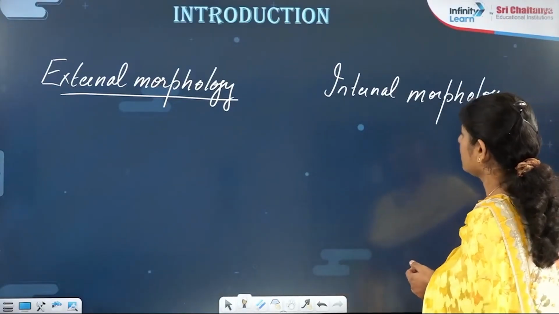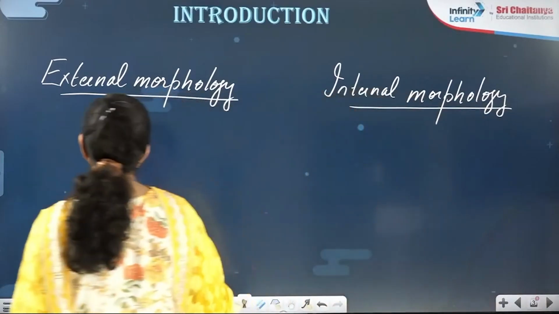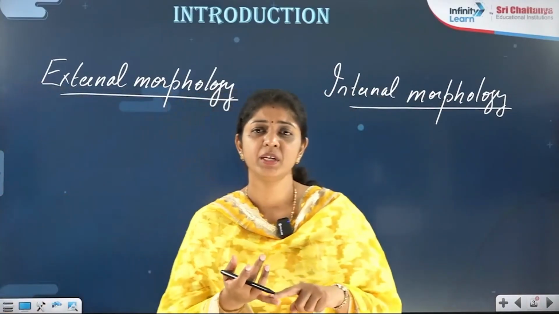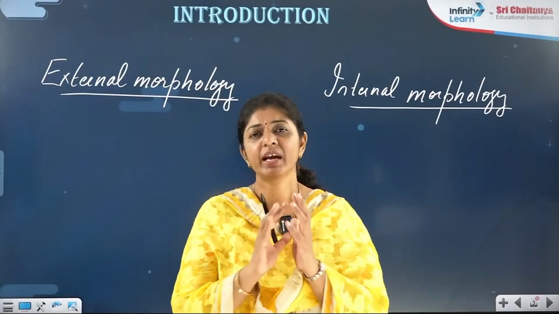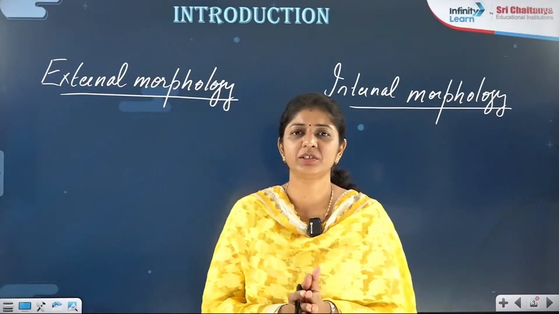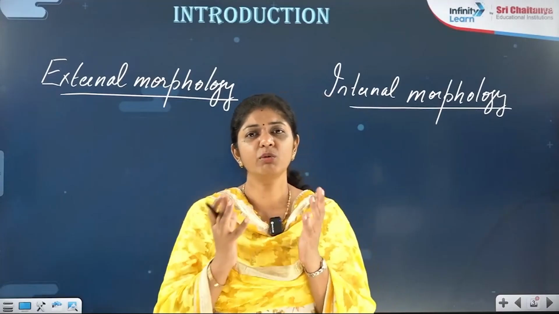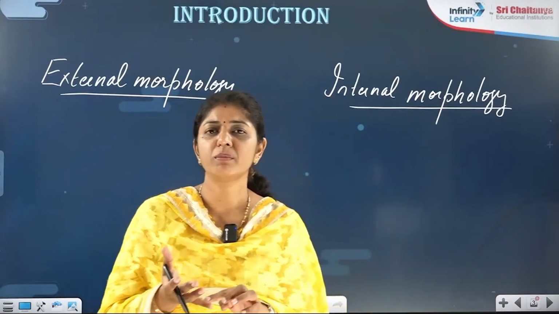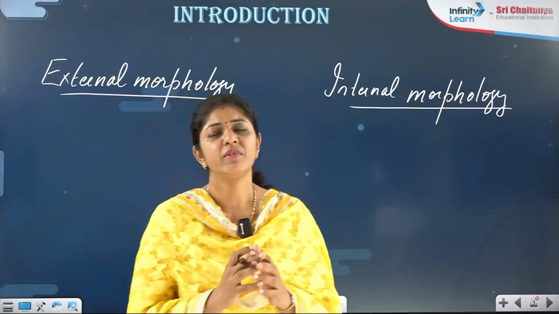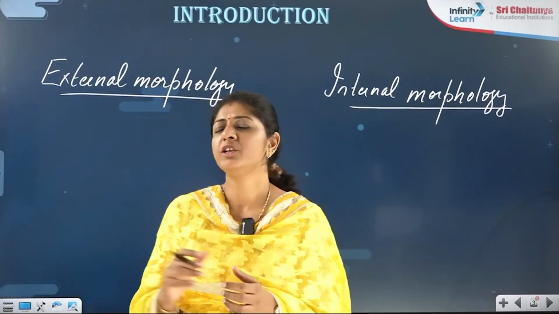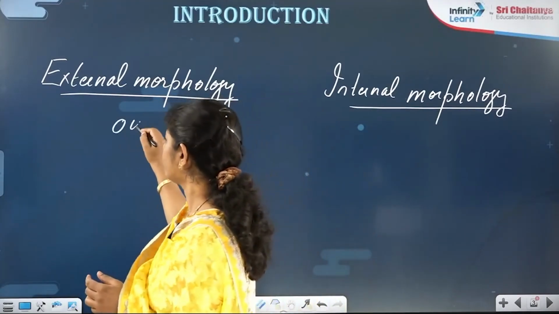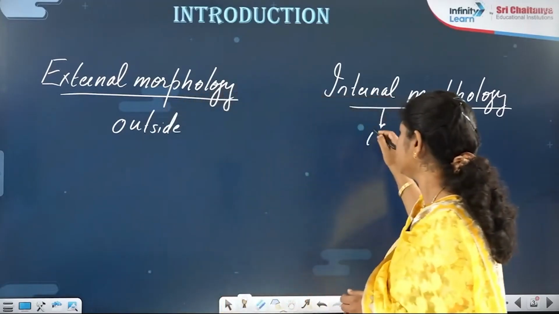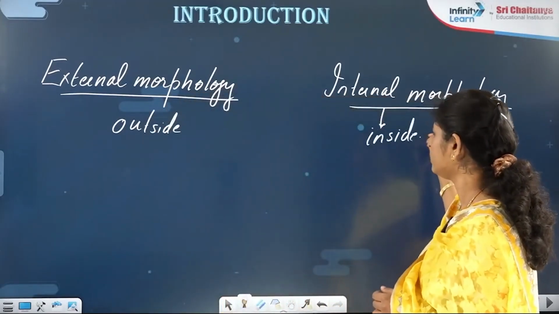Obviously external means whatever features you have learned of the roots, of the stem, of the leaves and flower. We have discussed in our previous lectures that all are related to the outside looks, how it appears. So all the structure and form of the parts of the plant, when you observe from outside, that you call as external morphology. But if you are talking from inside, that is the internal morphology.